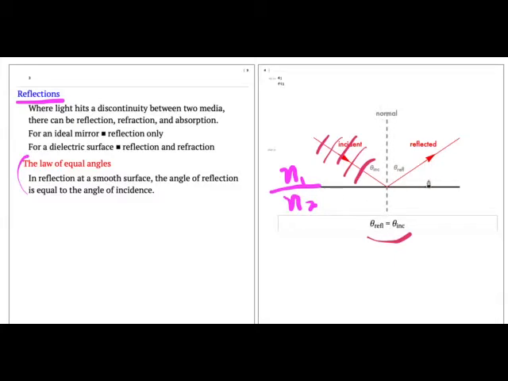We can say the surface is the xy plane, then the normal is in the z direction. This is how we measure the incident angle. It's the angle between the incident ray and the normal. And then the law of equal angles says the reflected angle, again measured relative to the normal direction, is the same. They're equal.